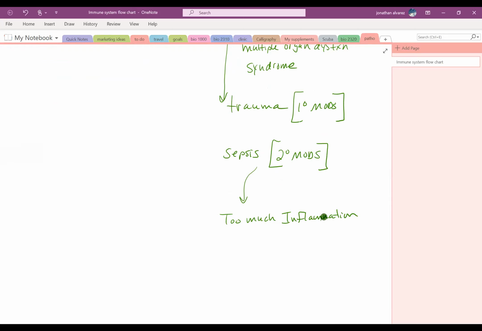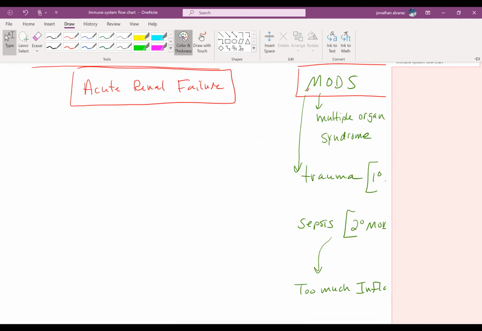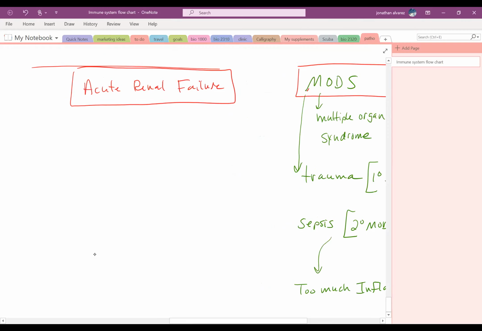Lots of fluid byproducts because of it and decreased oxygen. Okay, acute renal failure, and then we'll take a break.